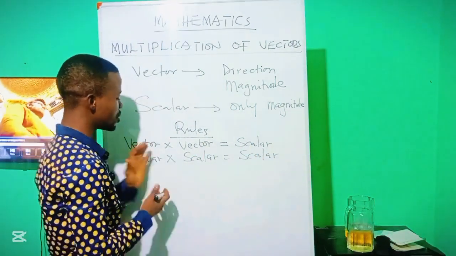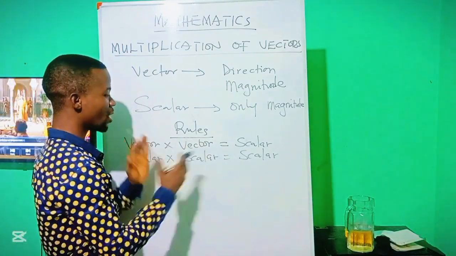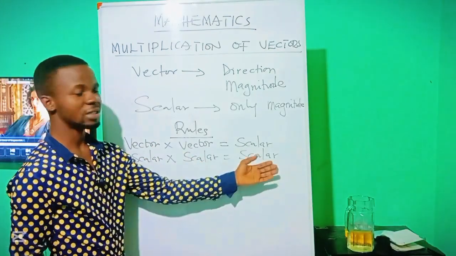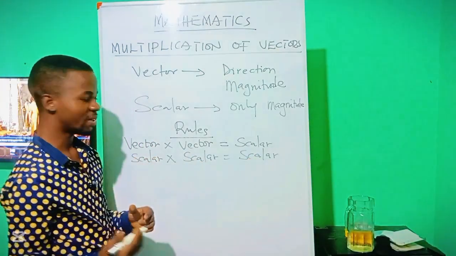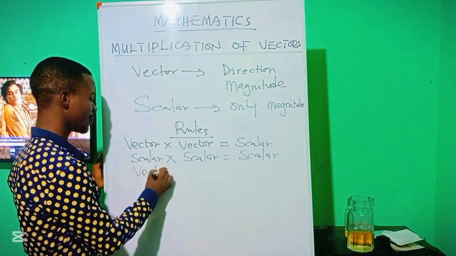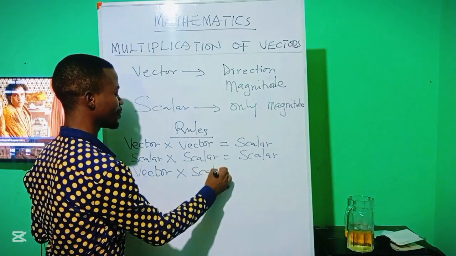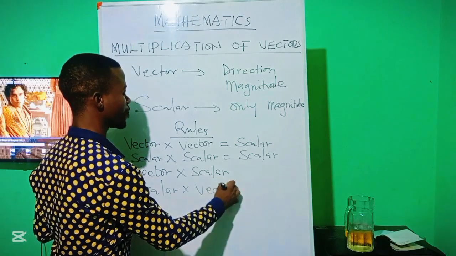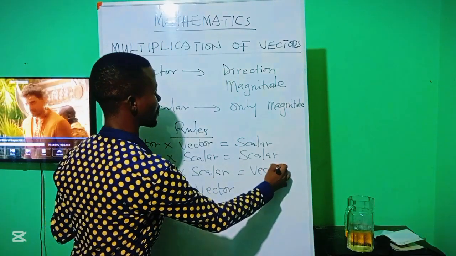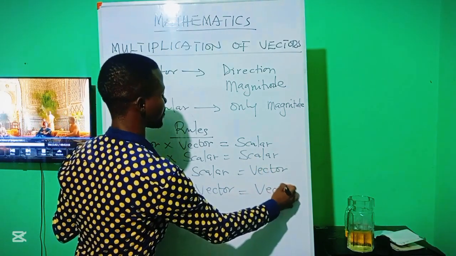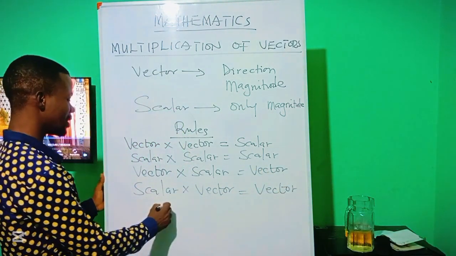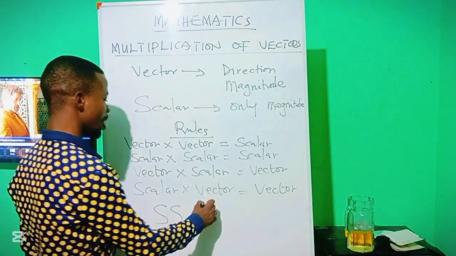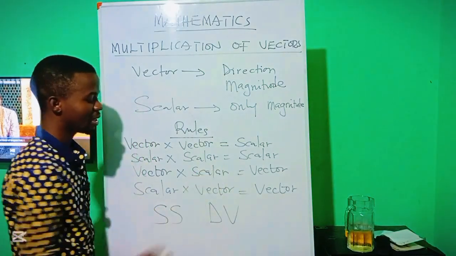So when the quantities you are multiplying are the same, for example, vector by vector or scalar by scalar, you get a scalar. But when the quantities are different, for example, vector multiplying scalar or scalar multiplying vector, our answer will be a vector.